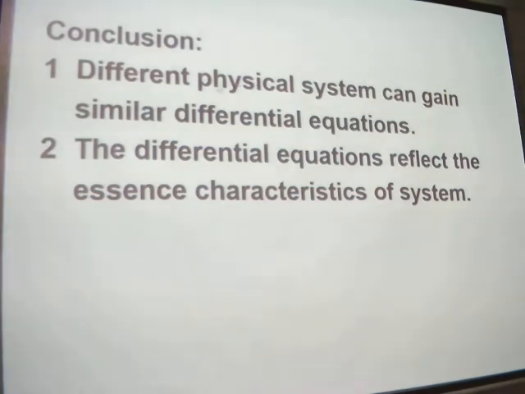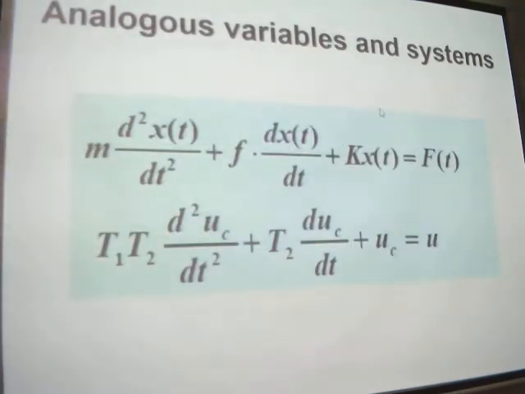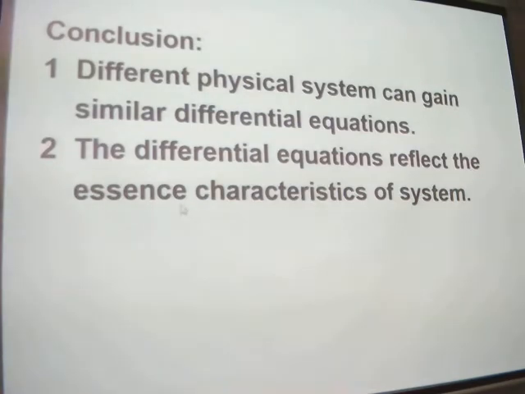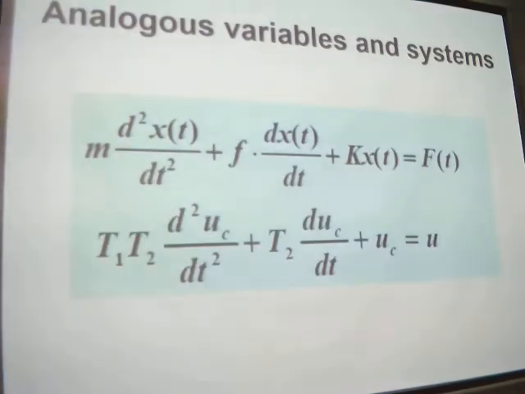Now, to conclude, we can say different physical properties can give similar differential equations. Since the two systems are not the same as each other, but their differential equations may be similar to each other. The differential equations reflect the essence characteristic of systems. These are second order.